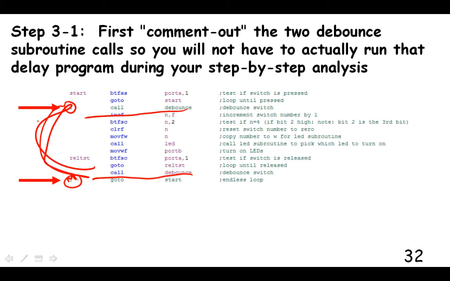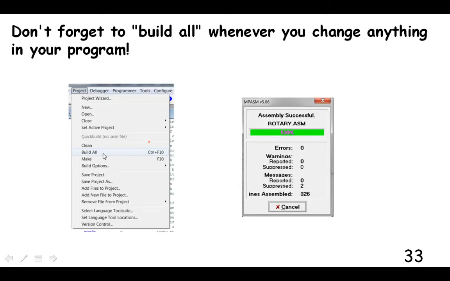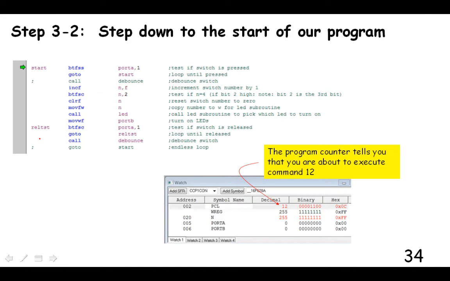So it just makes it a little bit easier if you comment those out, just for our debugging step through. In real life, we need that debounce for our switch to operate properly, but in the program it doesn't need that. Okay, and don't forget to click Build All when you make any changes in your program.